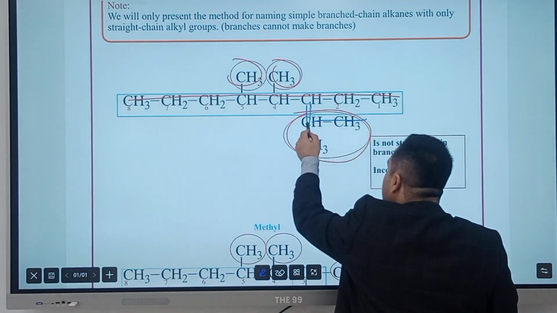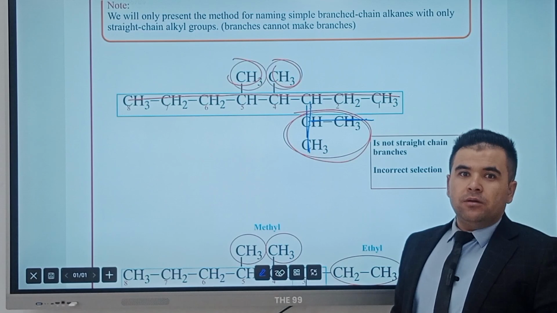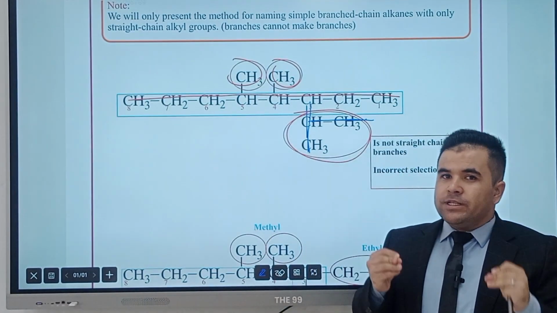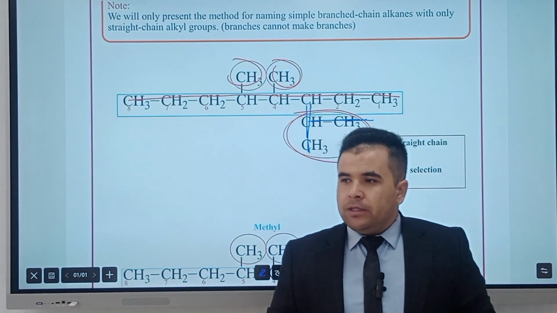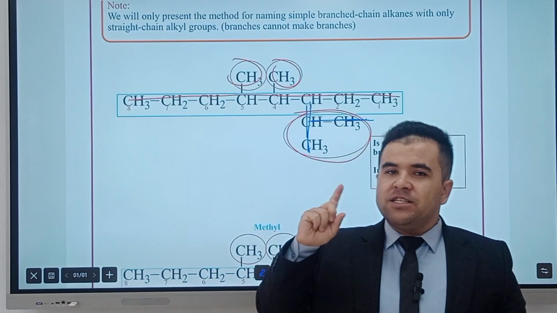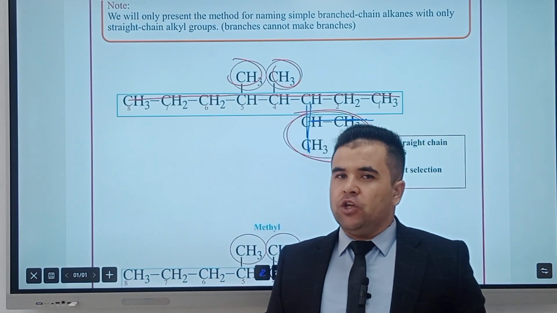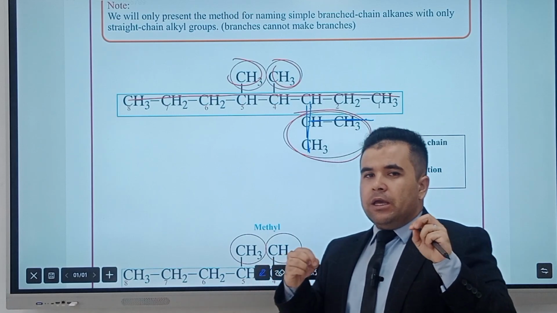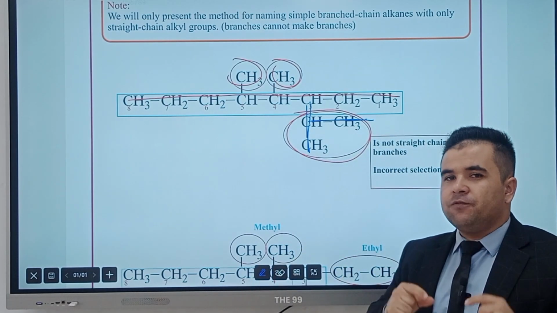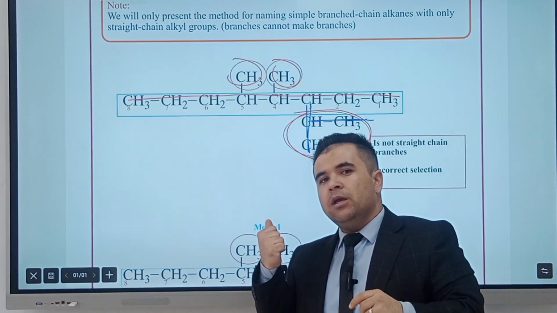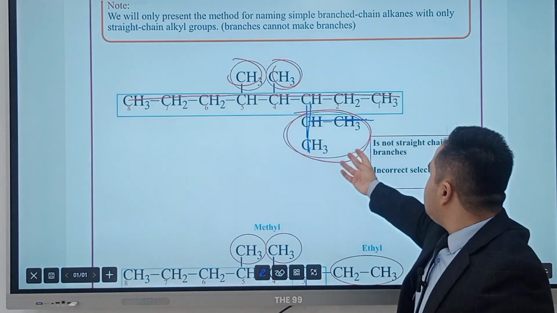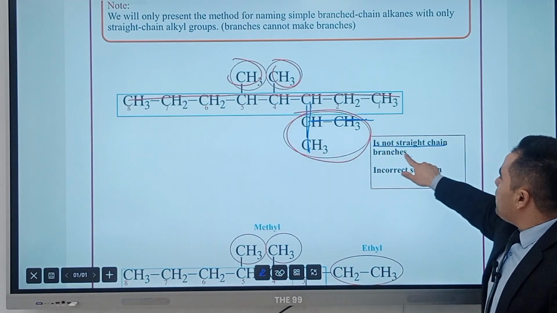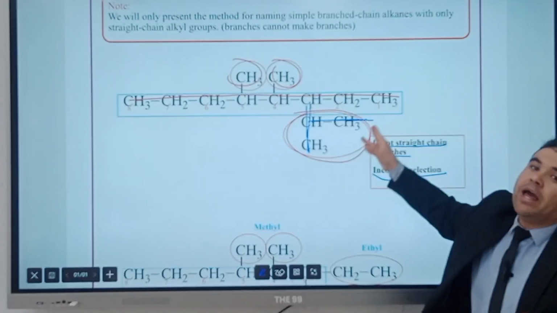So whenever you select a parent and a branch remains that is not straight, that selection is incorrect. You have to select another selection even if it has fewer carbons than the incorrect selection. It's not straight chain branches, so incorrect selection.